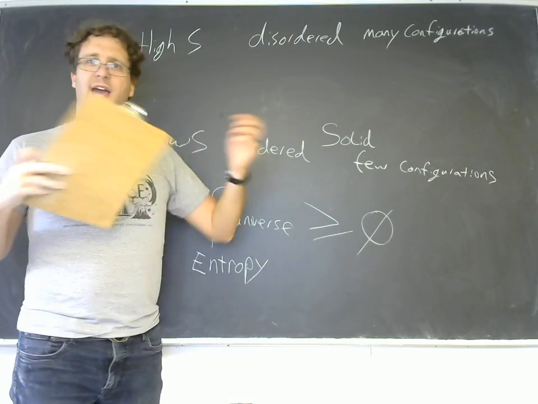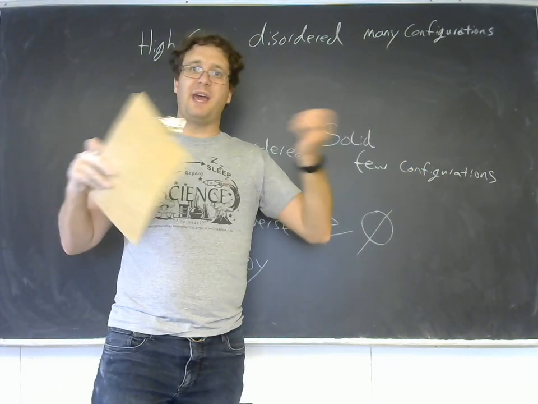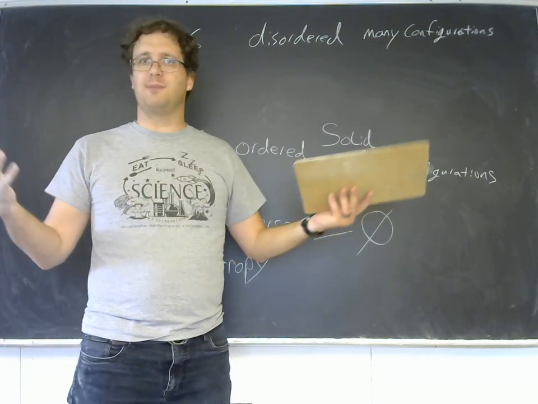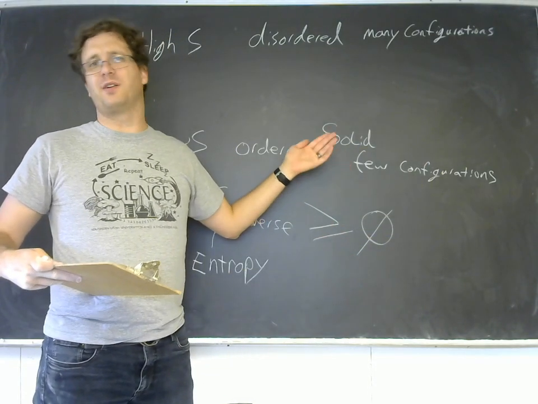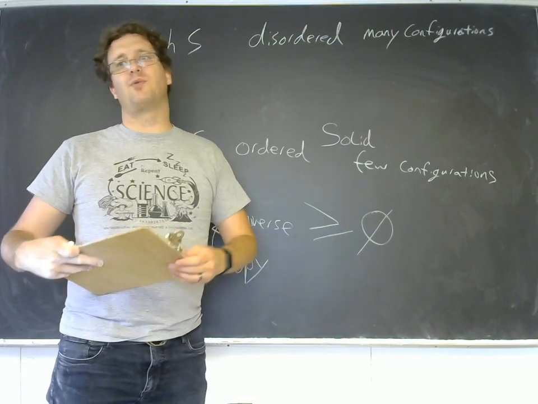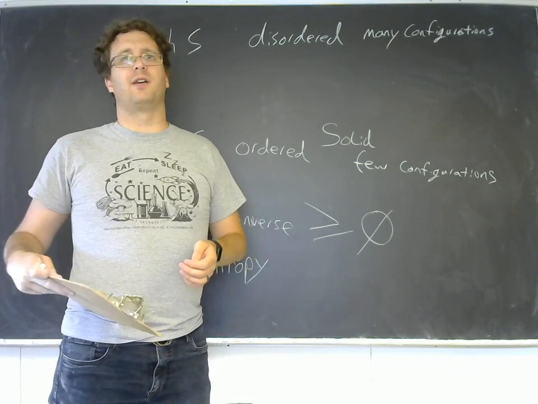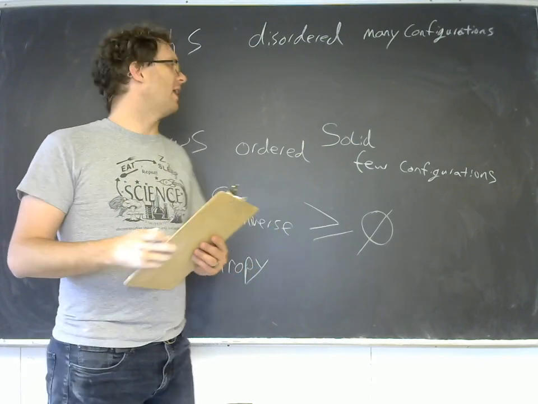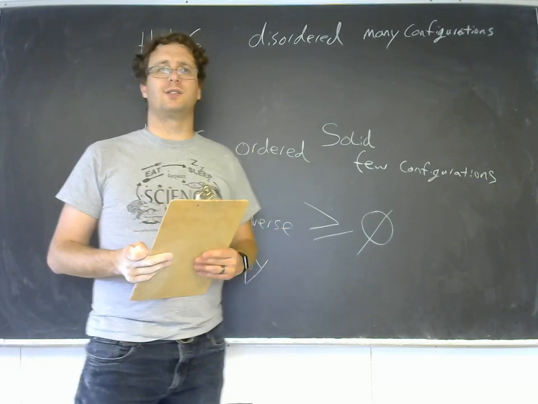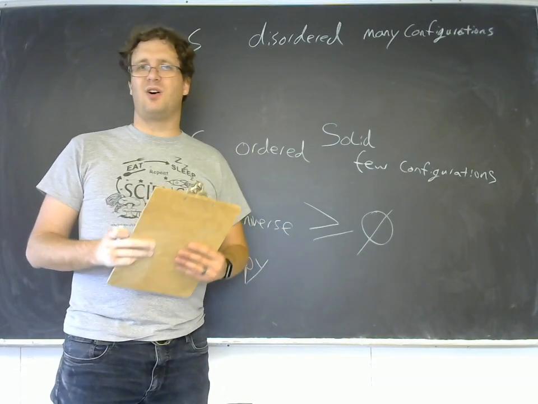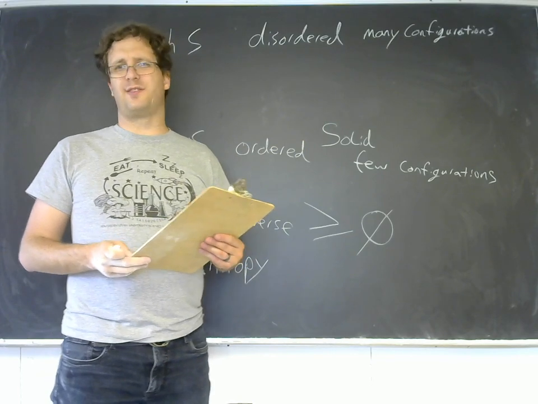They can't move around, and so there aren't any configurations in space, for example. They're all in the same position. You do have some different ways to partition the energy between the molecules. Some of them are vibrating, some of them maybe are in an excited electronic or nuclear state. And so there is still some disorder in a solid system, but not very much, and it's all sort of having to do with energy levels.